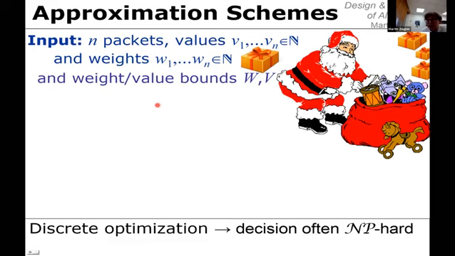And the decision version of that problem says, given that the knapsack can hold weight at most W for weight, and suppose that your family expects you to deliver gifts of a total value at least capital V for value. Is that feasible, right?